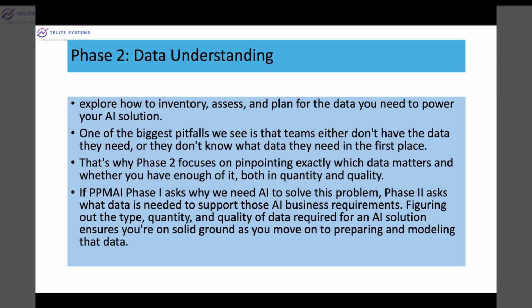One of the biggest pitfalls we see is that teams either don't have the data they need, or they don't know what data they need in the first place. That's the gap. That's why phase two focuses on pinpointing exactly which data matters and where you have enough of it, both in quantity and quality.